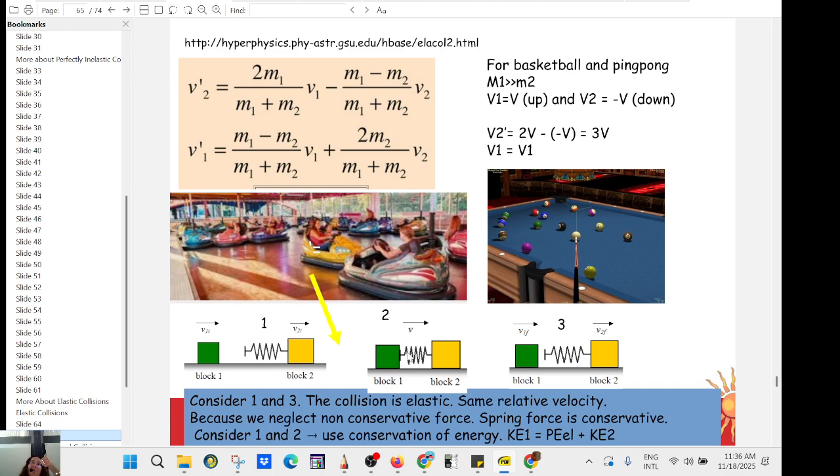That will be one equation. Second equation, between 1 and 3, you have conservation of momentum. Then you just have to pull your hair out with algebra and solving equations. But the physics is easy: conservation of energy, conservation of momentum.